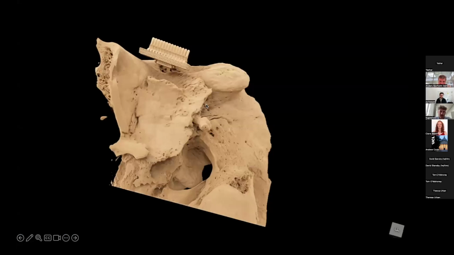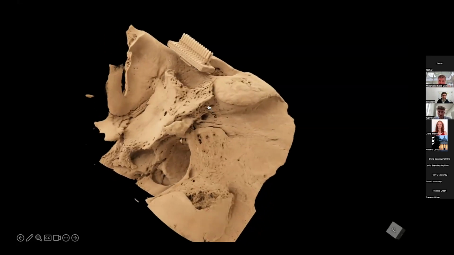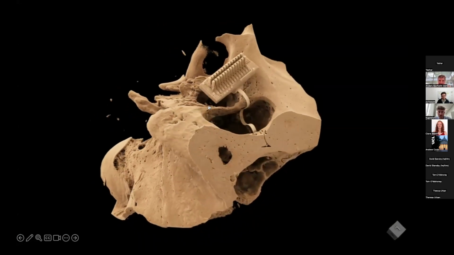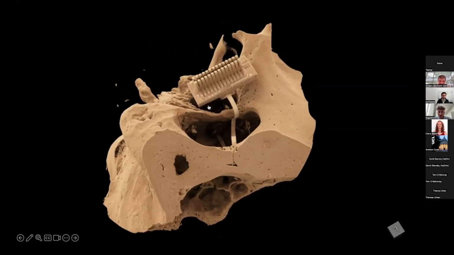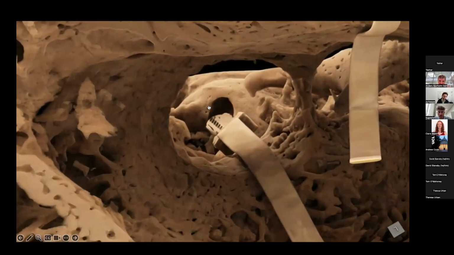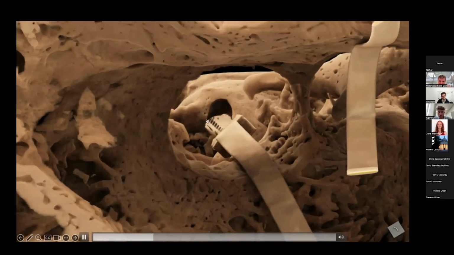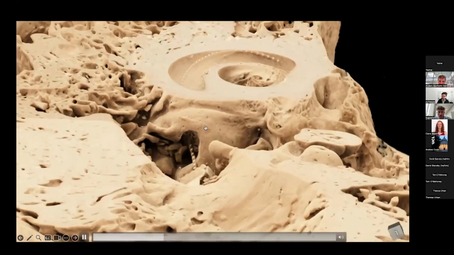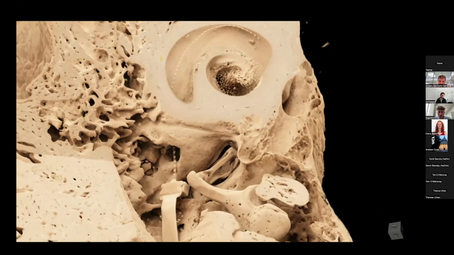I prepared a video. I don't know how that works with frame rates over Zoom, but here you see an unsegmented fly-through of the sample. So we go into the ear canal. Here you see a cochleostomy, where a hole has been drilled in the cochlea where the implant was fitted in.